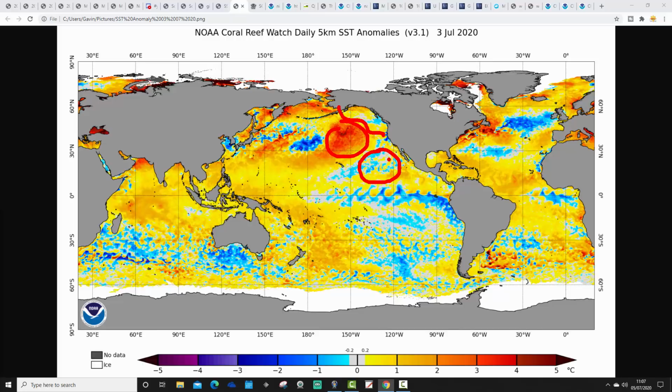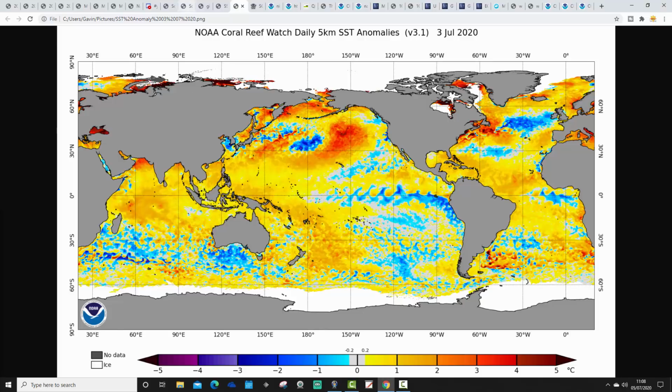There's some suggestion that this might be the start of going into the cold phase of the PDO. I would think it would need to get quite a bit colder than that before we'd be able to say that we're going into the cold phase of the PDO. But certainly it has cooled a little bit around the shores of Canada and America, I think.